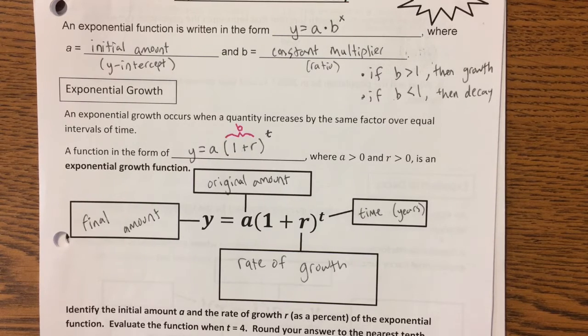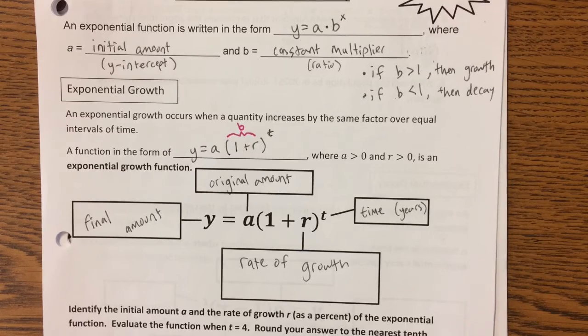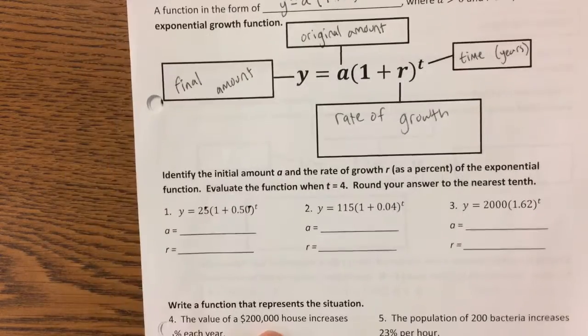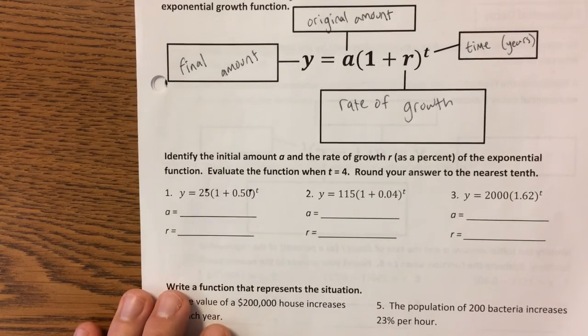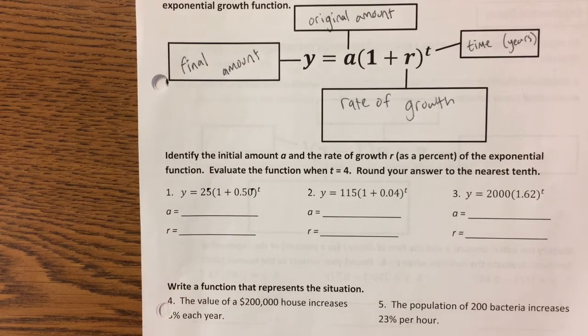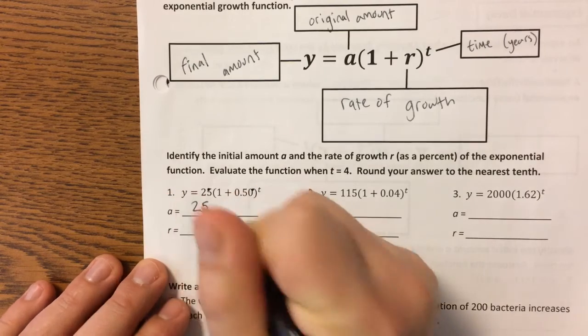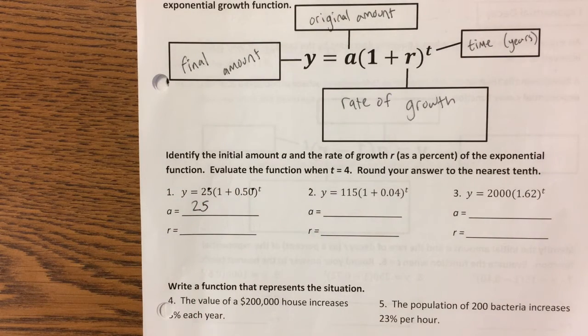All right, so let's look at a couple of these. So number one, we've got this function. There's no context built around it, but we want to know first what's the initial amount and what is the rate of growth. So what's the initial amount? 25. And what's the r value here? 0.5.